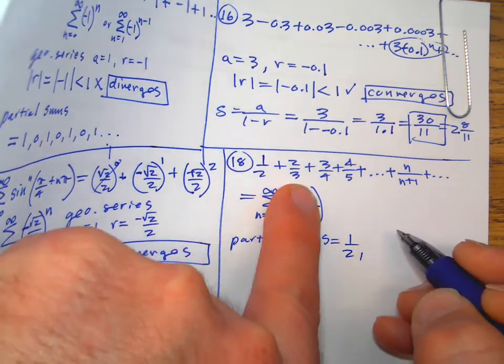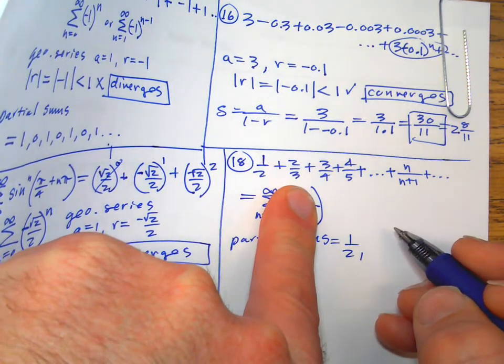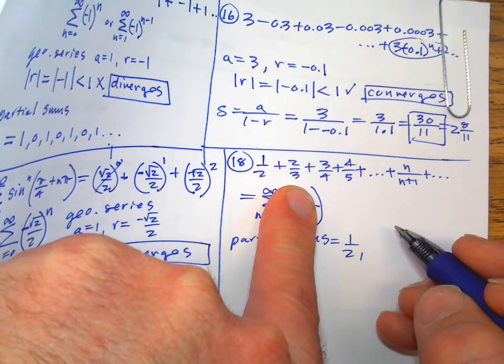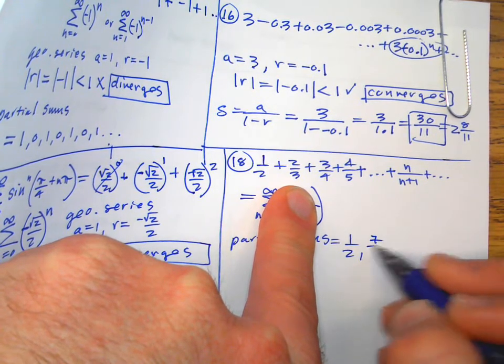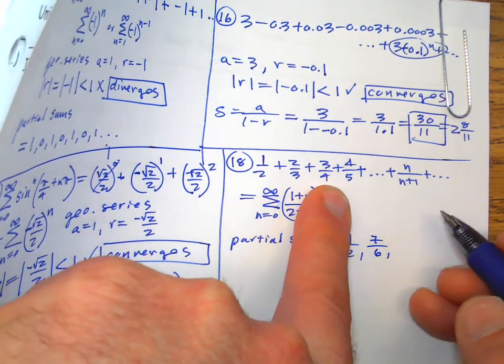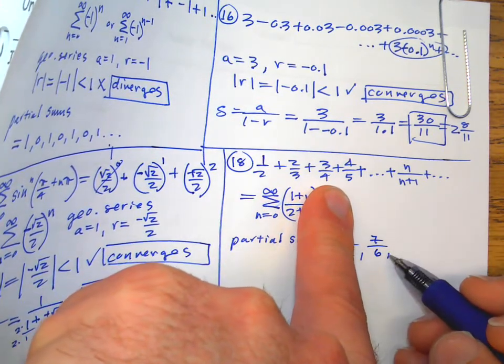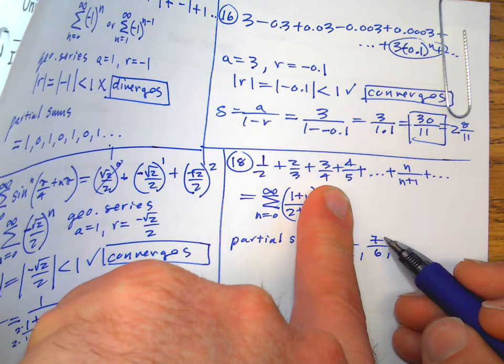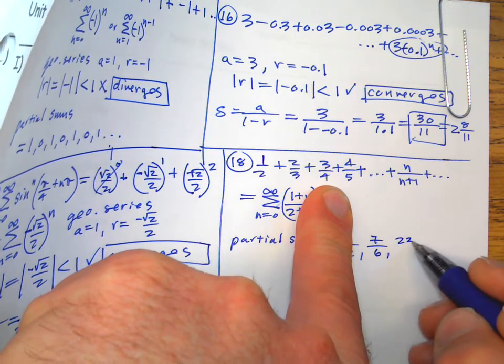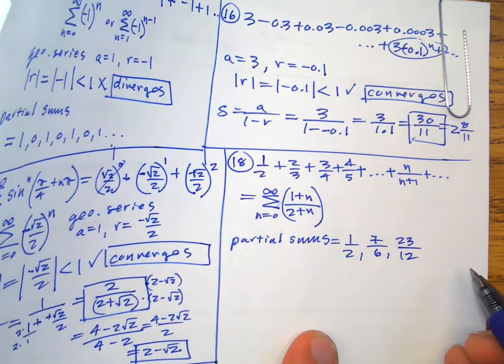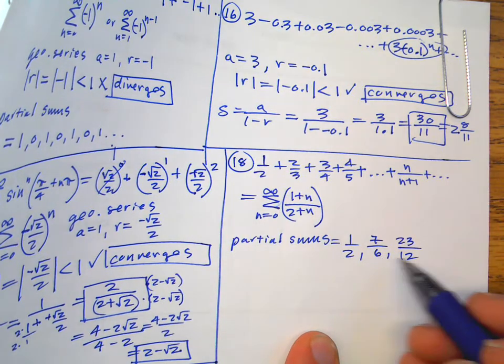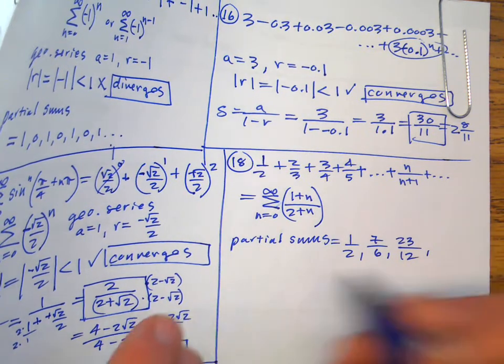1/2, if you add that, the least common denominator would be 6, so 3 plus 4 is 7 over 6, and then you add 3/4 to that, and 14 plus 9 is 23 over 12. I mean, this is getting bigger. It was 1/2, now it's bigger than 1, now it's almost 2.